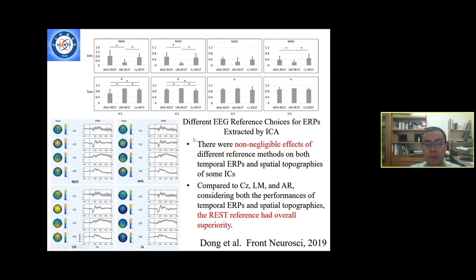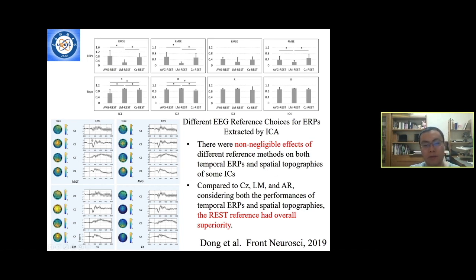Also, in this paper, the authors compared the different EEG reference choices for ERPs extracted by ICA, and the results show that there are non-negligible effects of different reference methods on both temporal ERPs and the spatial topographies of some independent components.